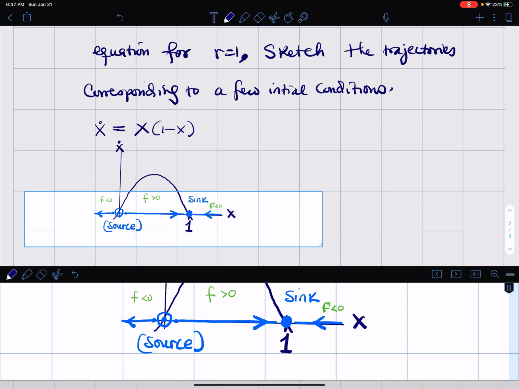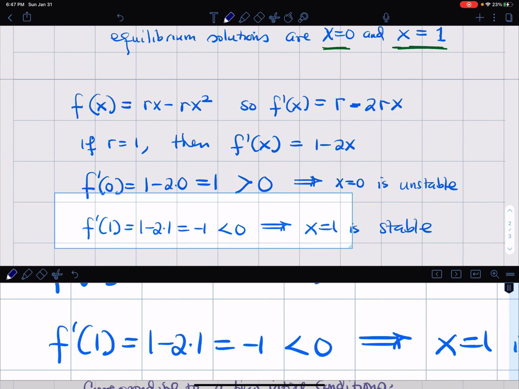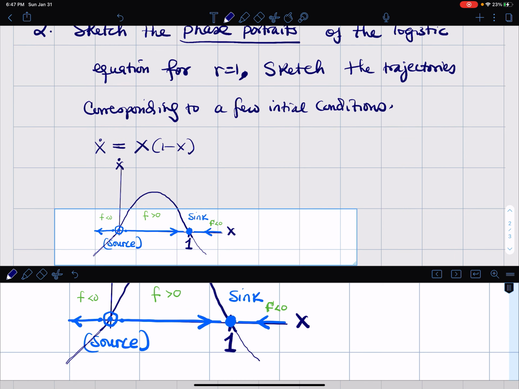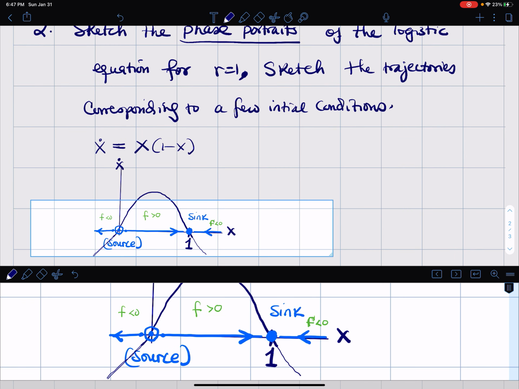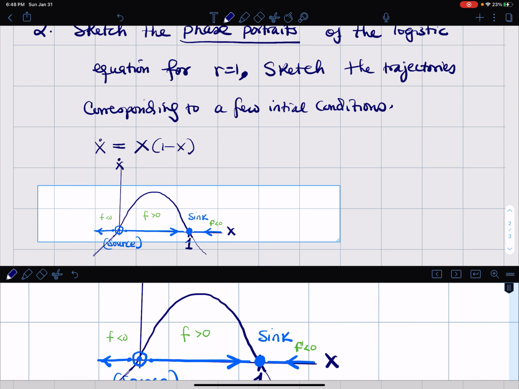And f is less than 0 also here. The graph is telling us that. So we can just use the graph. We don't even need our theorem there. We can just plot the graph, and whatever the graph is telling us is what we do. If the graph is above the x-axis here, that means f is greater than 0, and there's an increase going on in the value of x.